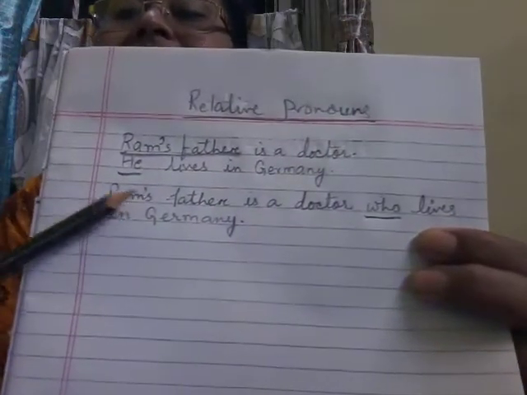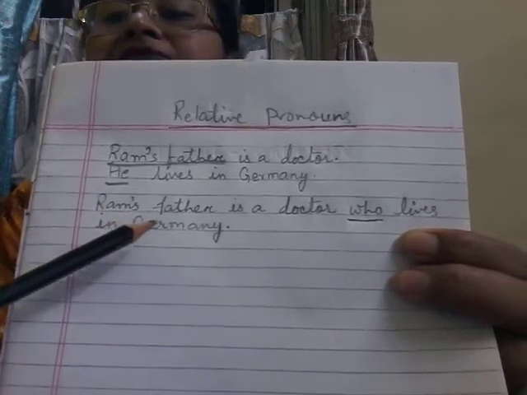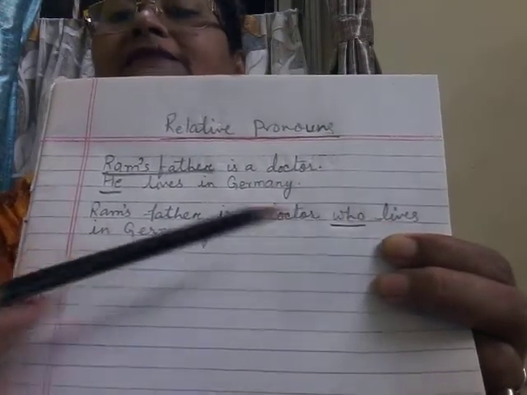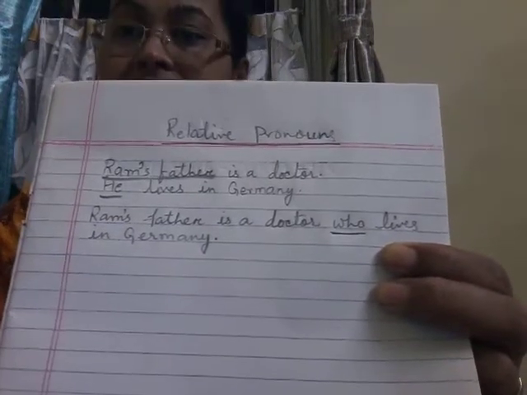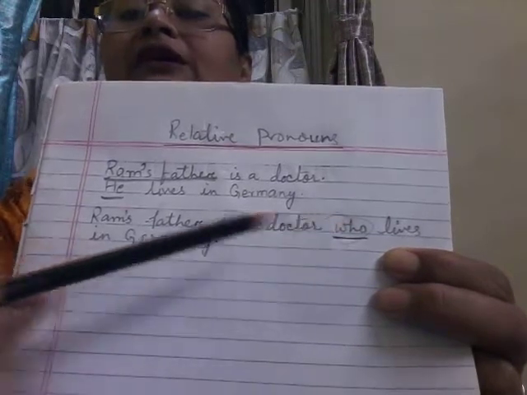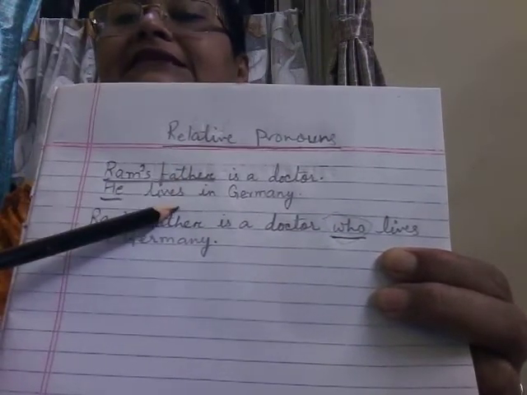Now how will we join the two sentences? We have joined the two sentences like this: Ram's father is a doctor who lives in Germany. With this pronoun we have joined both the sentences.